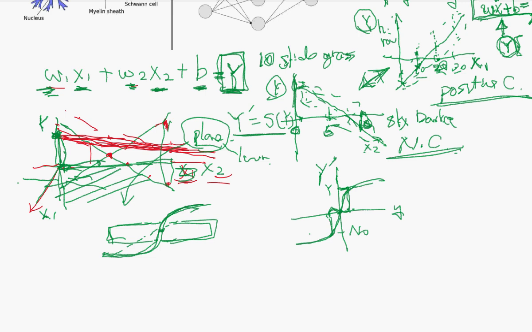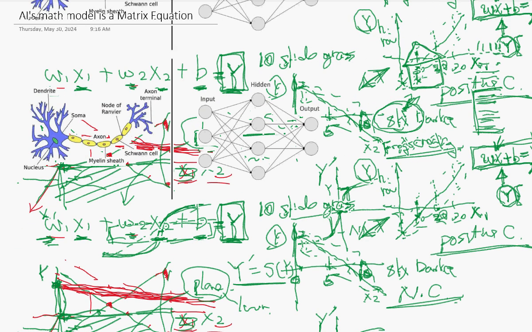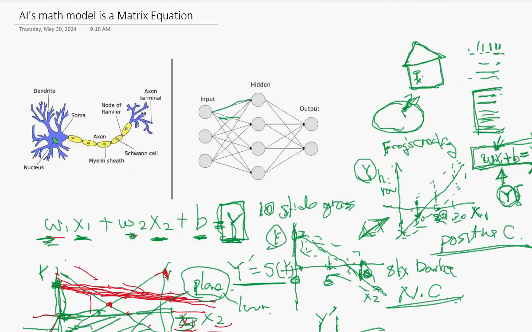Well, actually, it comes to the first equation, which is going to be here: w1 x1 plus w2 x2 plus b equals y. Say this is y and this is x1 and x2. The human brain gives x1 x2 and puts them together, creates a y.